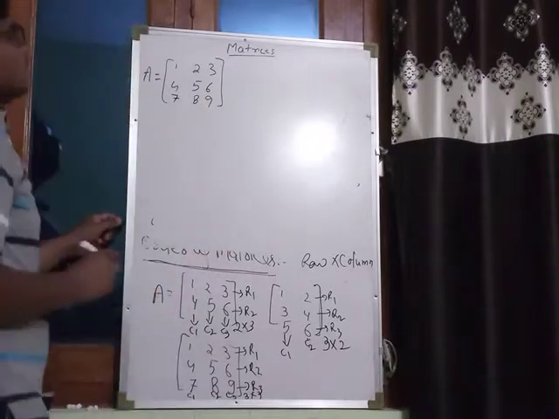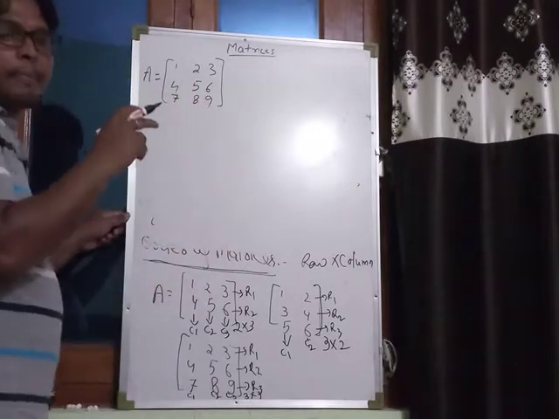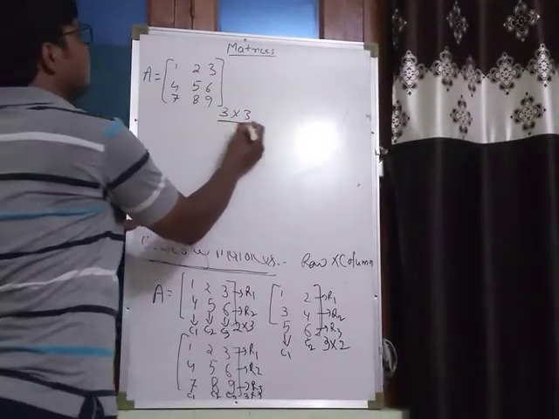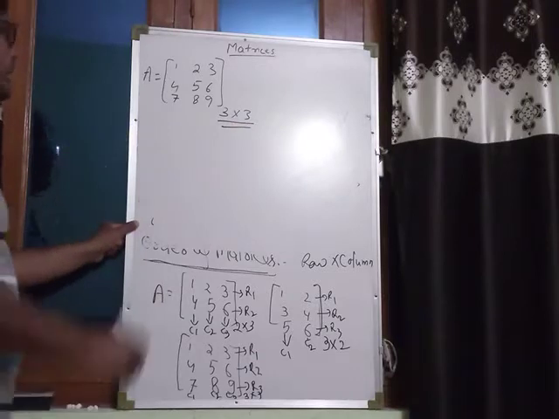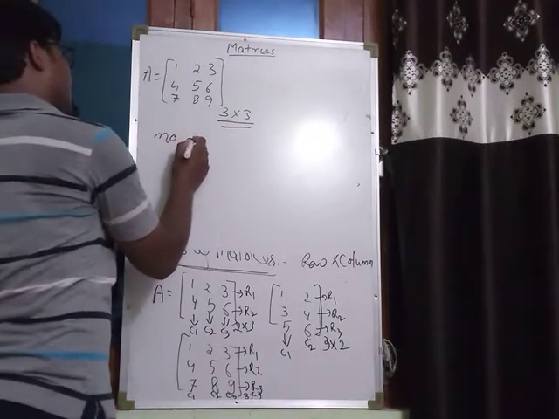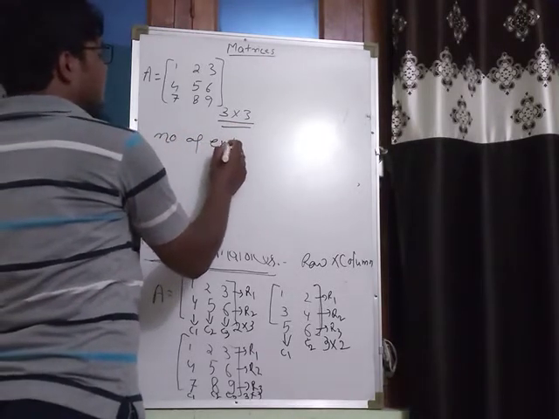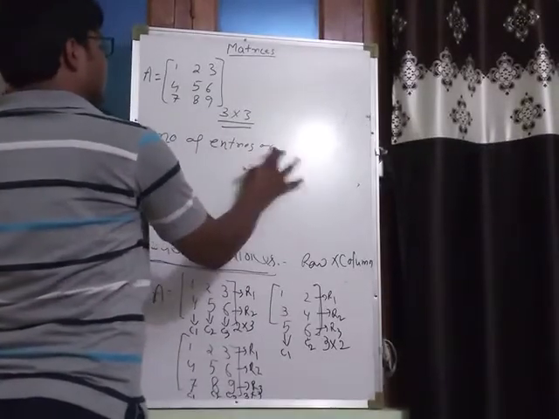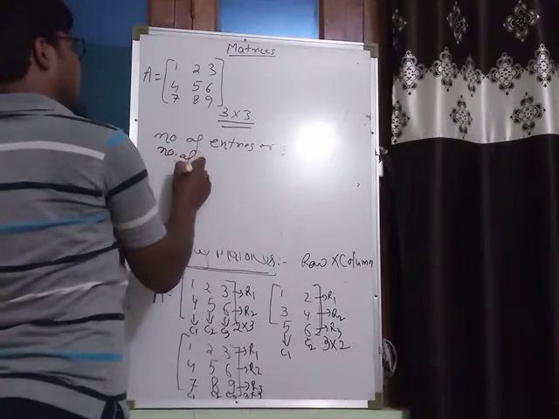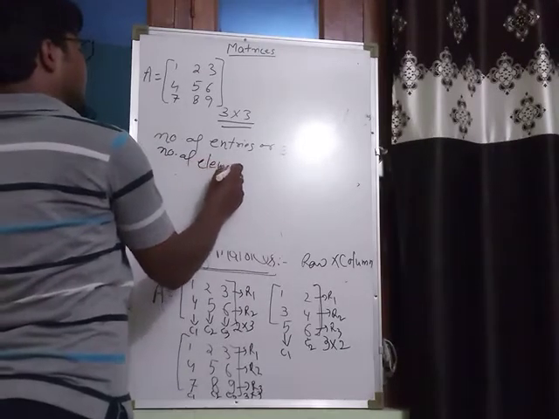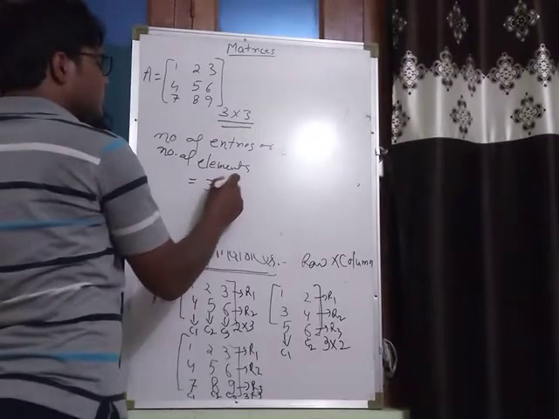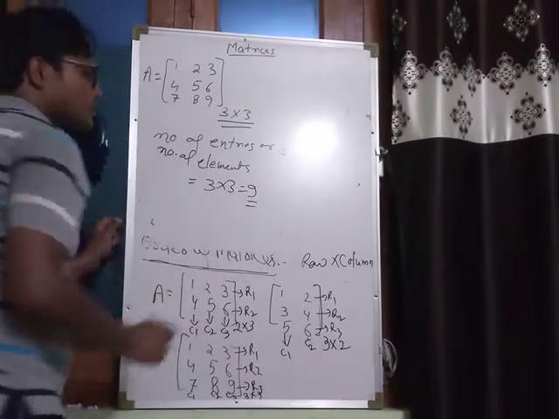So how many rows there? 1, 2, 3 rows. How many columns? 1, 2, 3 columns. So its order is 3 by 3. And number of elements, number of entries, is equal to row by column. 3 into 3, that is equal to 9.